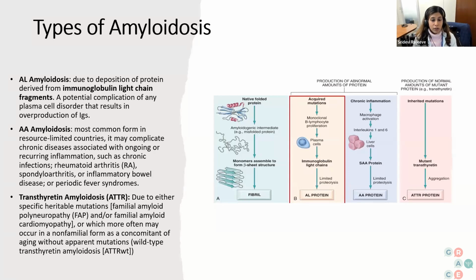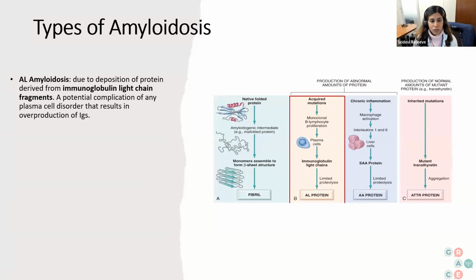It can also occur in a non-inherited, non-familial form. As we age, we tend to acquire mutations because of aging and not because of what we inherited from our parents, and that is called wild type ATTR amyloidosis. And lastly, patients on dialysis tend to generate some amyloidogenic protein, which deposits in other organs and causes amyloidosis.